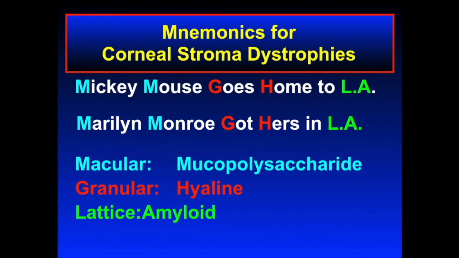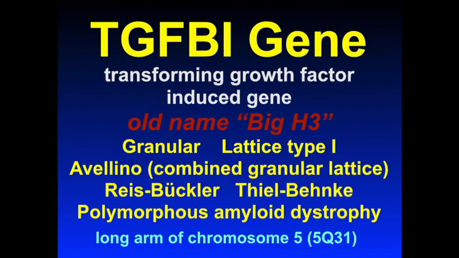A bunch of mnemonics for corneal stromal dystrophies are shown here. Again, TGFBI stands for transforming growth factor beta induced gene. It used to be called the BIGH3 gene, which is actually easier to remember. We can see the dystrophies that are associated with mutations. Polymorphous amyloid dystrophy is one that was described by Gordon Clintworth.